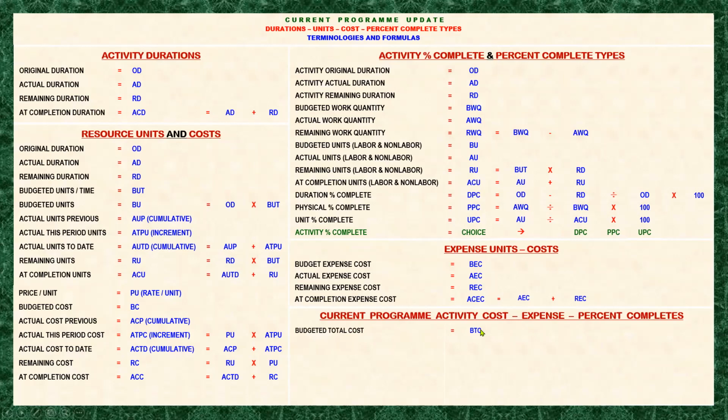Okay, remember that always, because there are a lot of planners and schedulers, especially the beginners or the new ones, who are confused by these percent complete types.